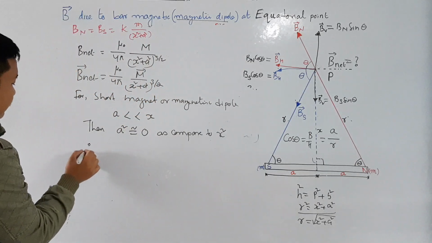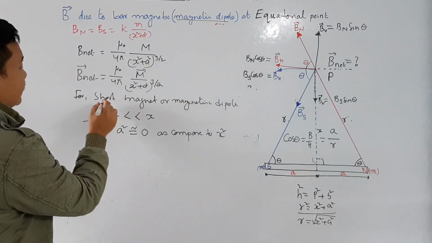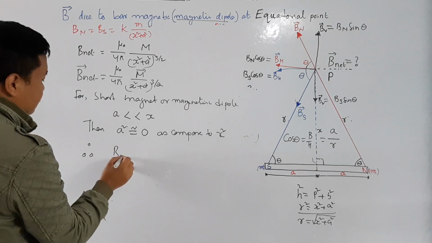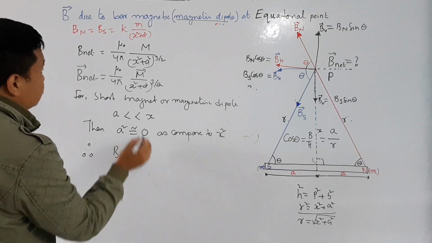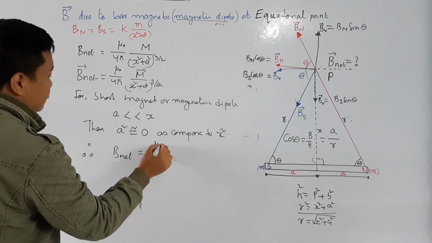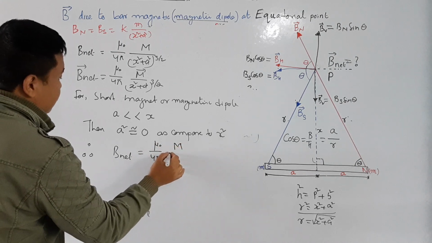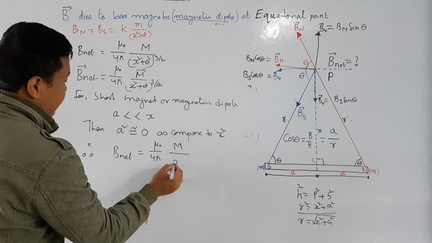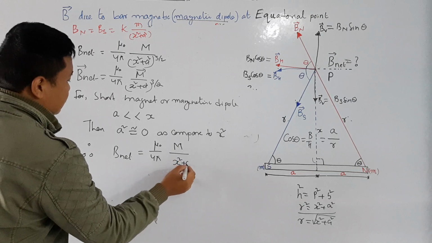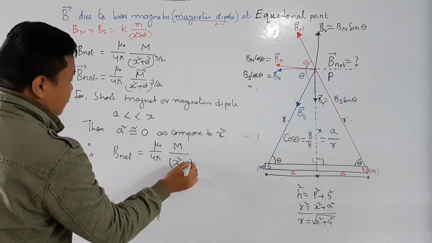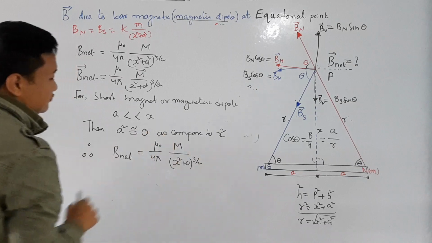So therefore, for very short, what do I get? B net is equal to mu naught by 4 pi, m divided by x square plus 0, because a square is 0, to the power 3 by 2.